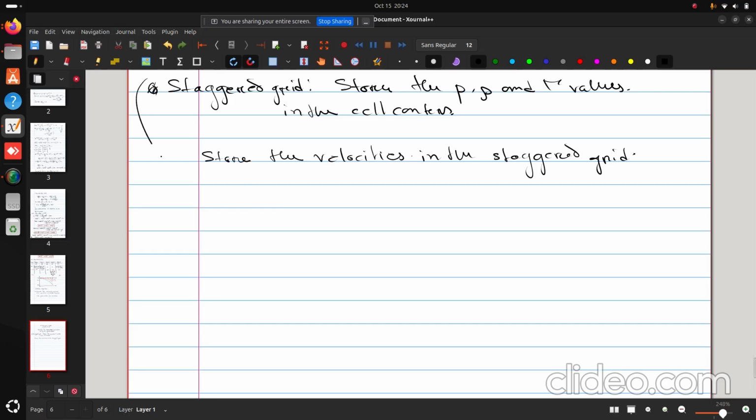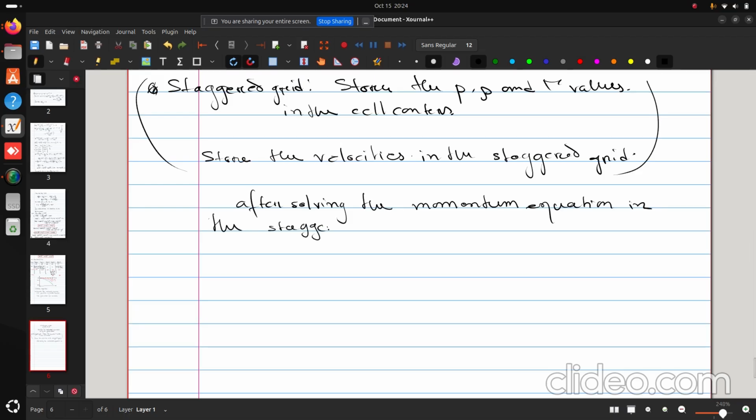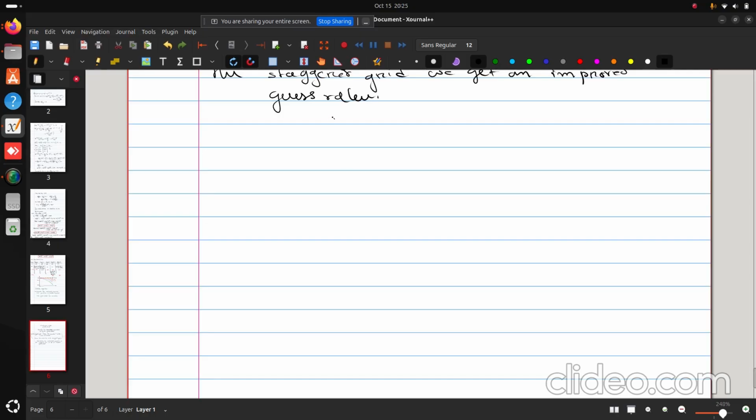So we get improved guess values of u, v and w, which are u star, v star and w star.